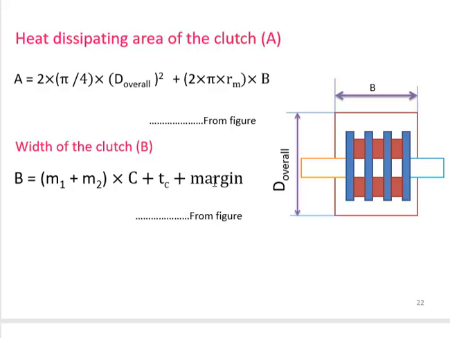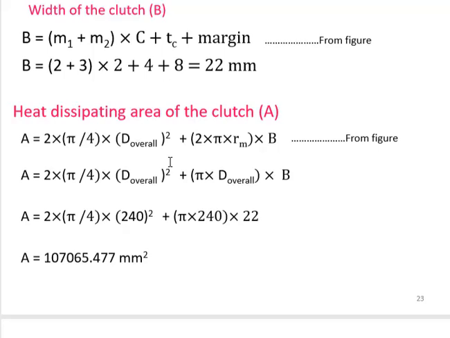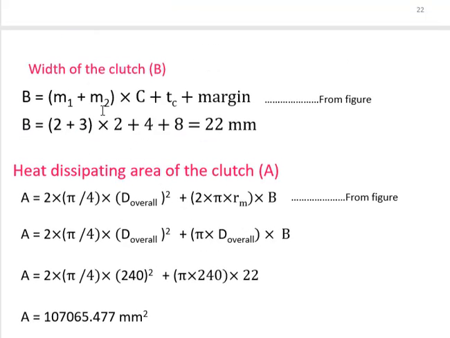So assuming a few of the values, we can find out the width of the clutch, that is capital B. I know what m1 and m2 are. Clearance I can take as 2 mm as earlier. Thickness of the casing is 4 mm, which we have assumed earlier, and margin I can take 8 mm considering both sides. Hence B, the width of the clutch, comes around 22 mm.